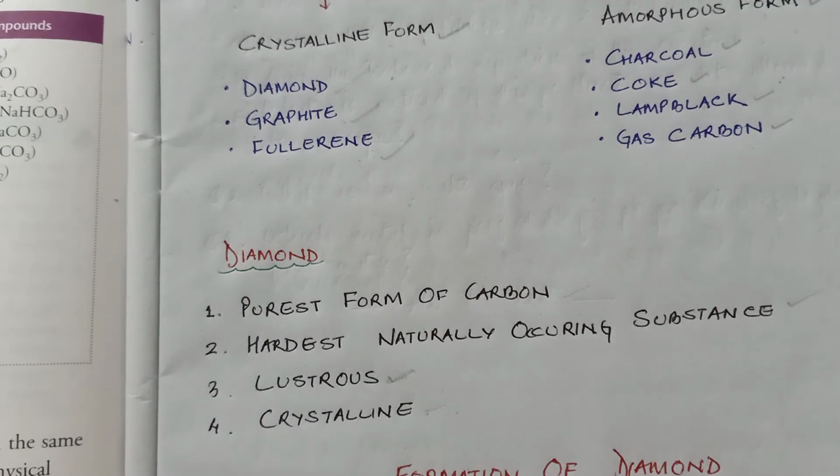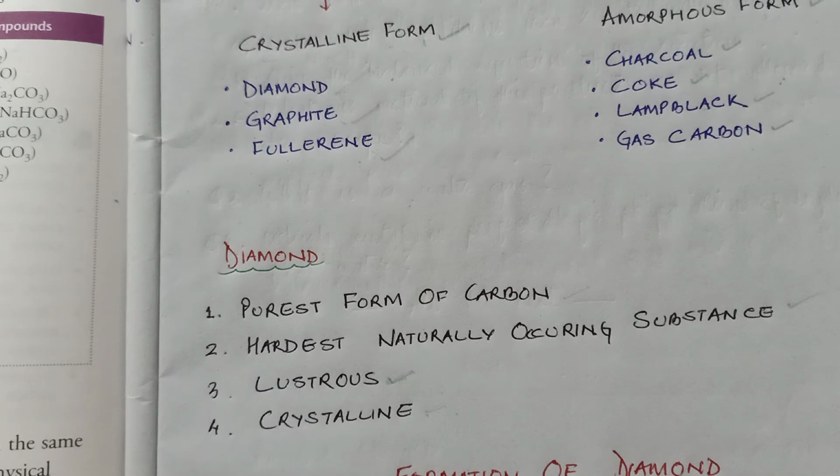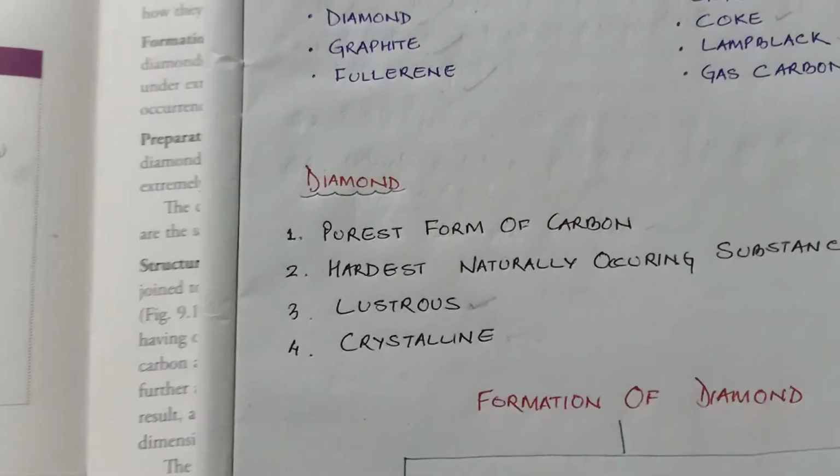Now how are these diamonds formed? Diamond is one form of carbon, and there are other types of carbon also, but let us try to understand in brief how diamonds get formed.